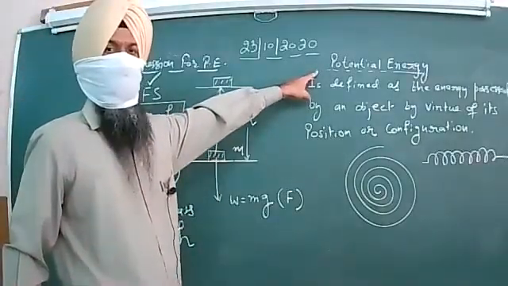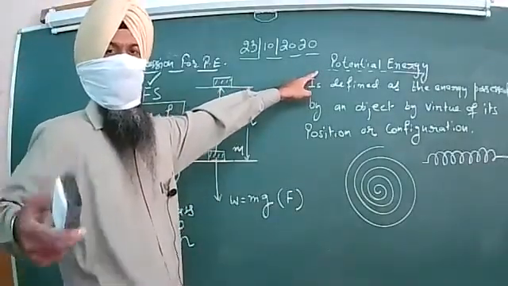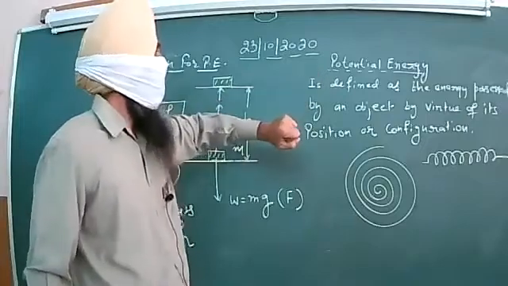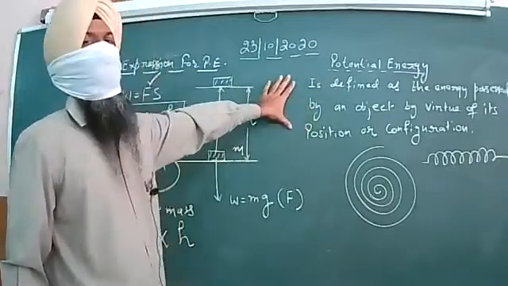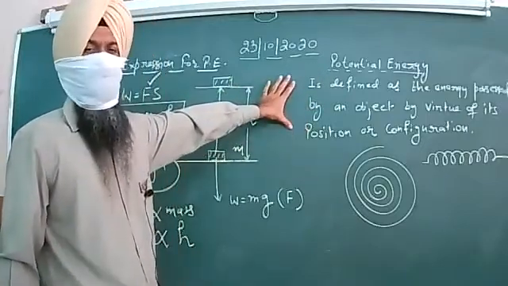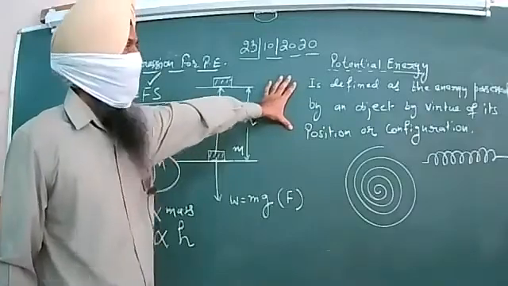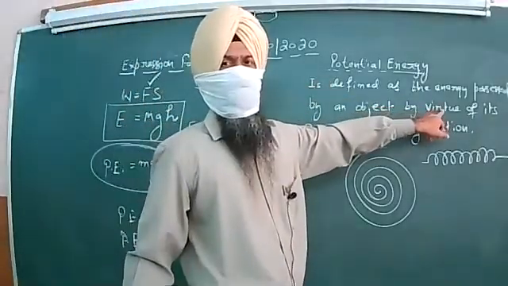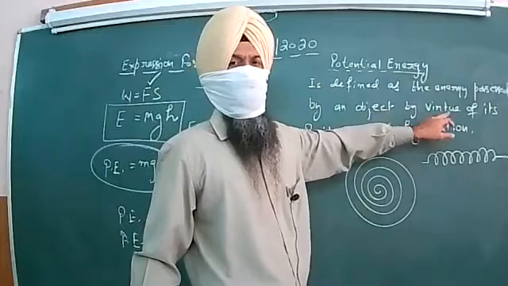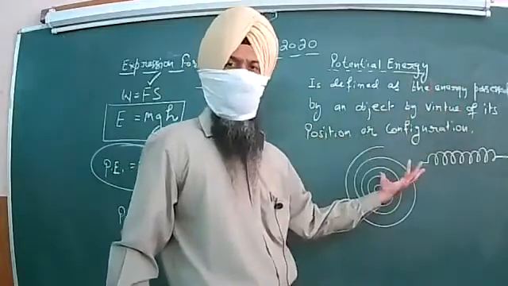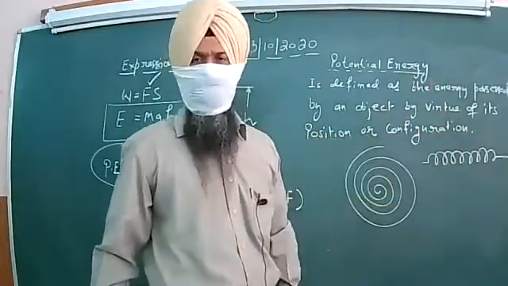Now, I am repeating the definition of potential energy, as you were asking that I should repeat it. Potential energy is defined as the energy possessed by an object by virtue of its position. By virtue of means due to its position or due to its configuration.